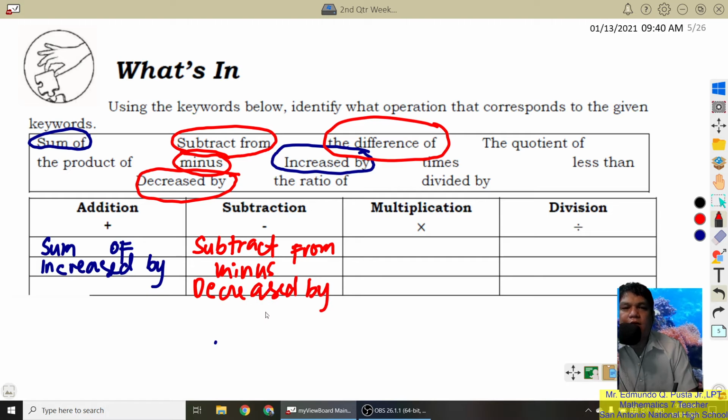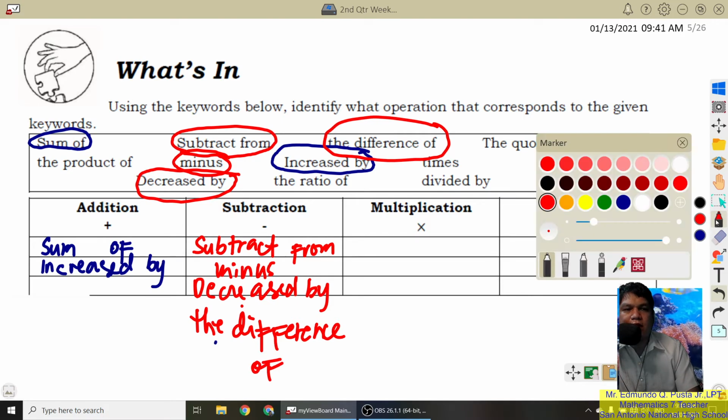We're talking about the difference of, we're talking about subtraction. The difference of. Sulat natin na maayos. Difference of, these words and phrases indicate subtraction.